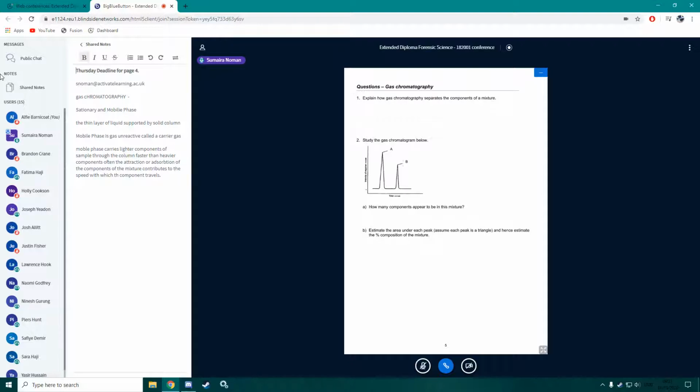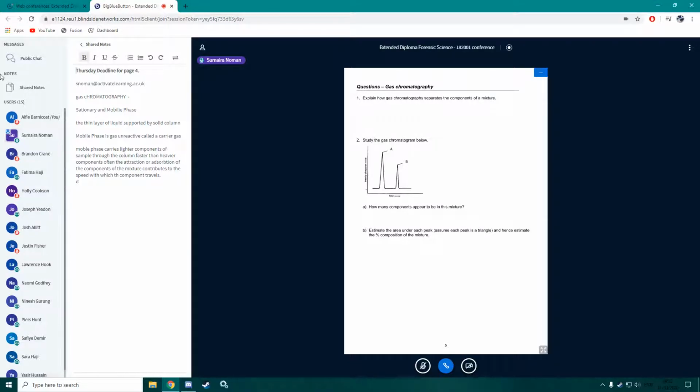Essentially, the mobile phase carries lighter components of the sample through the column faster than the heavier components. Often the attraction or absorption of the components of the mixture contributes to the speed with which the component travels.